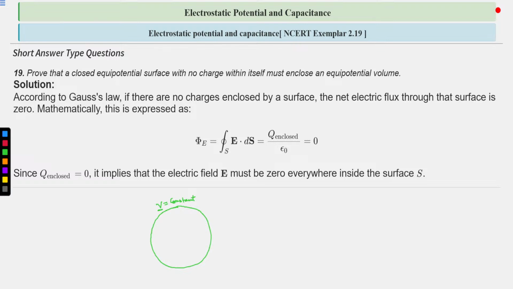Okay, so they are asking that with no charge inside, so there should not be any charge inside, it must enclose an equipotential volume. What is meant by equipotential volume? It means the volume inside this surface should also have constant potential.